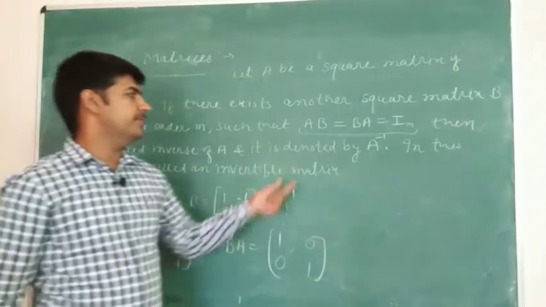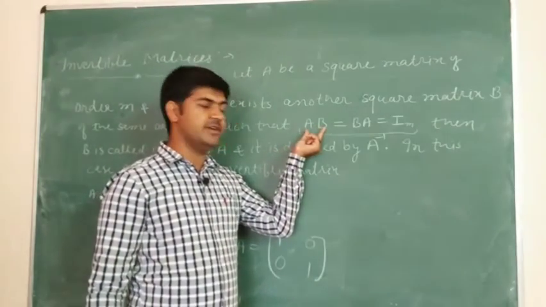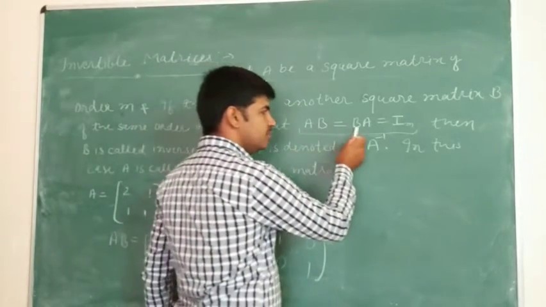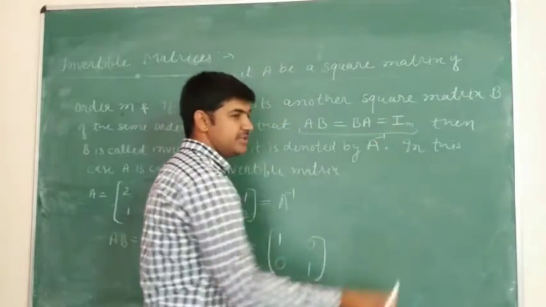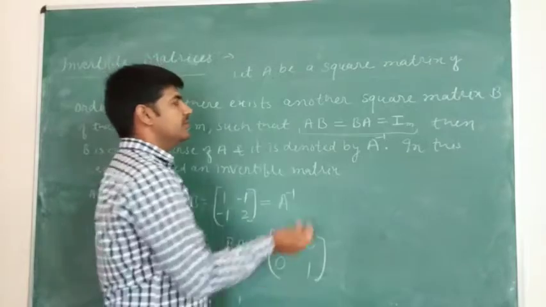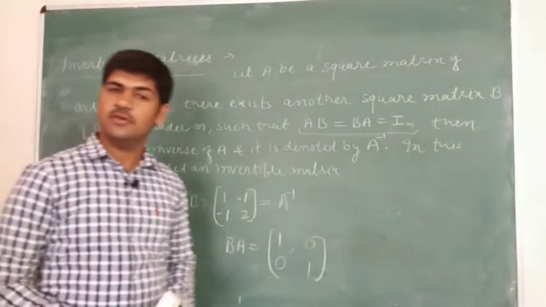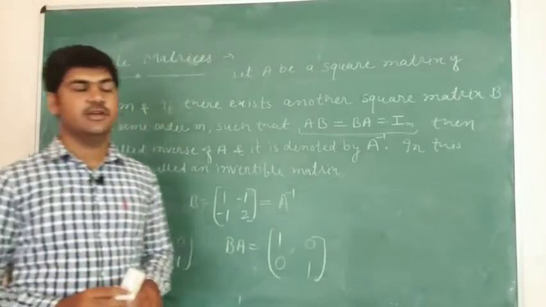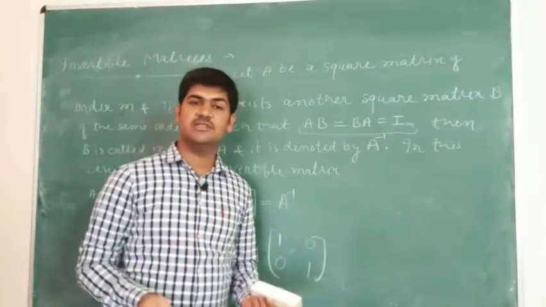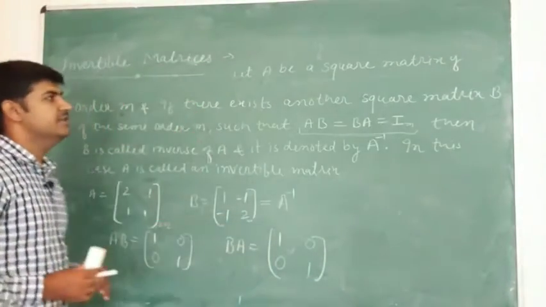Apart from two square matrices, it is not possible that AB is equal to BA is equal to identity matrix. It is possible for a square matrix only, and therefore we can say the inverse can be found of a square matrix only, and the condition for a matrix to have an inverse is it should be a square matrix, and that's why we took A as a square matrix.